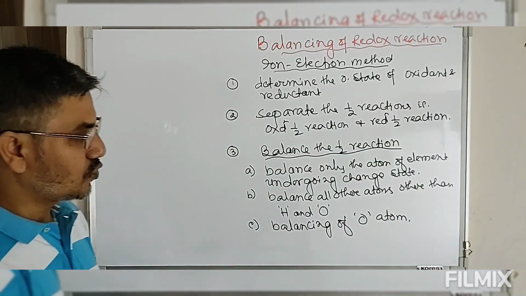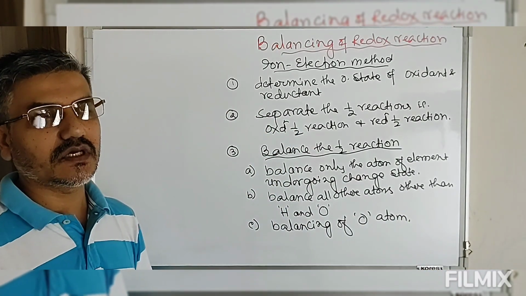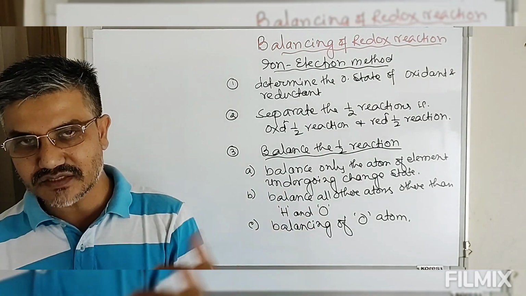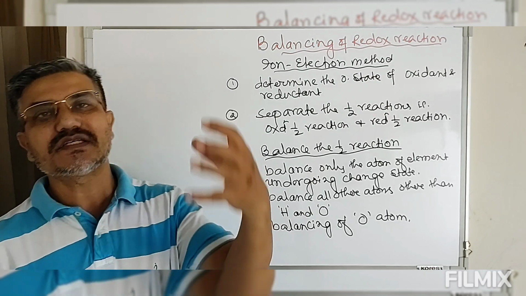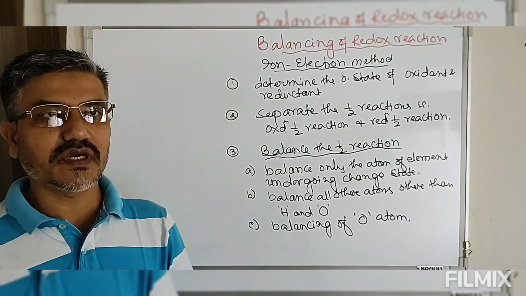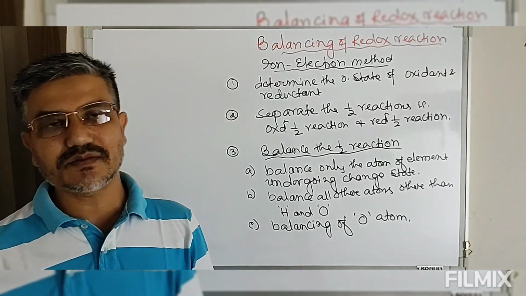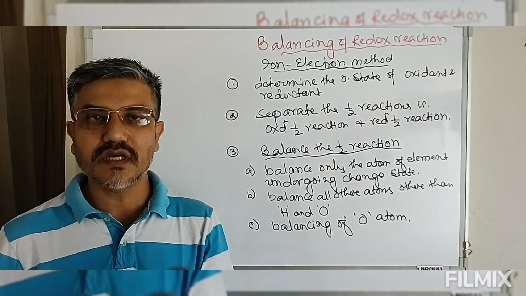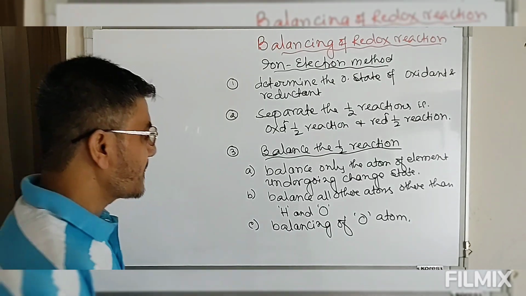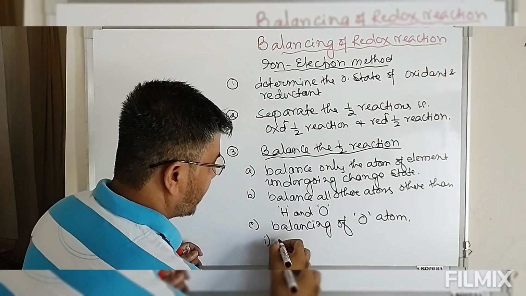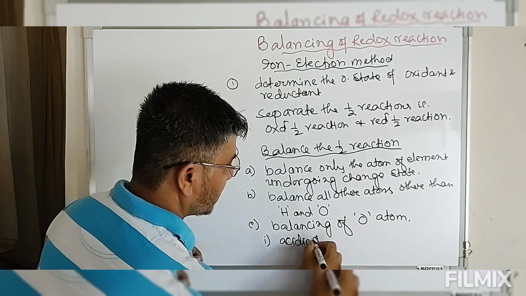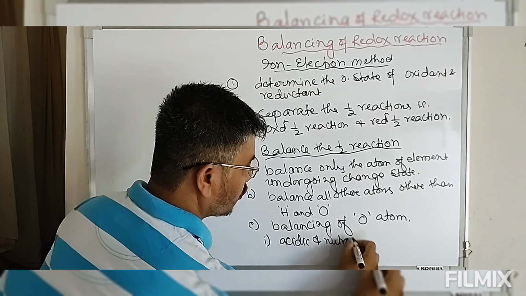Now to balance this oxygen, look at this: in many given problems the reaction may be taking place in acidic medium, or in basic medium, or in neutral medium. Then there is a certain set of rules to be followed. So I'll just mention acidic and neutral medium.